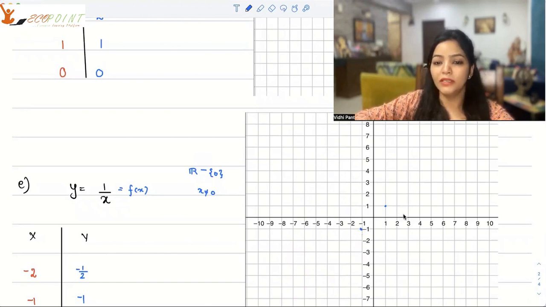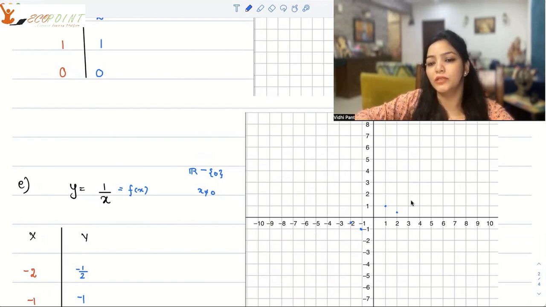I'm going to get 2, half, so it's here. I'm going to get minus 2, minus half. So that's somewhere here, right?